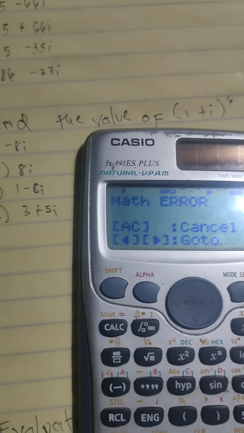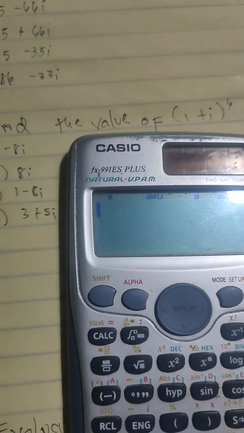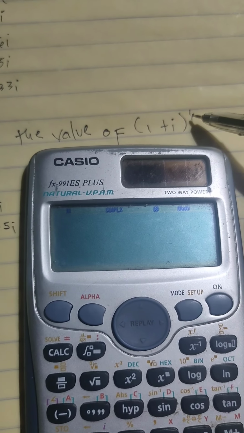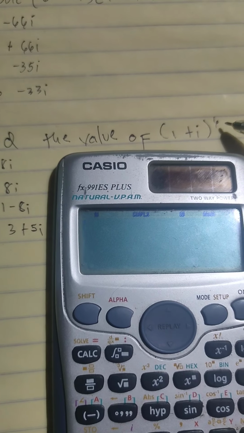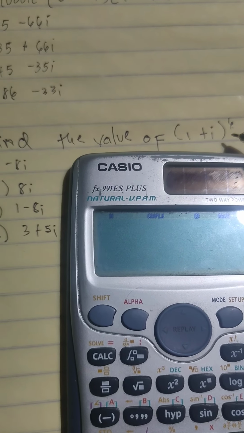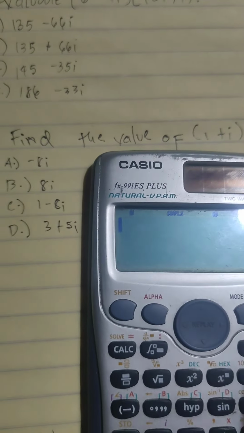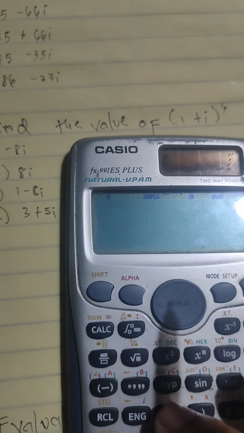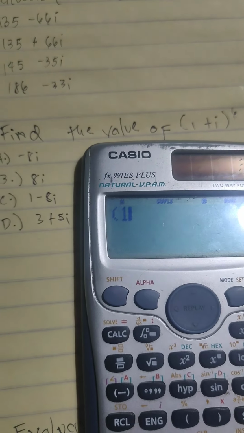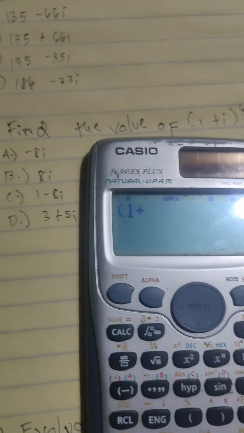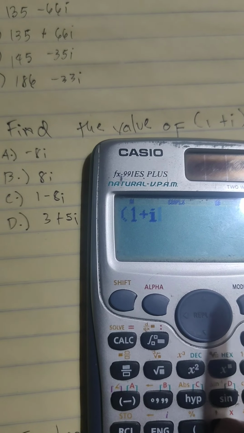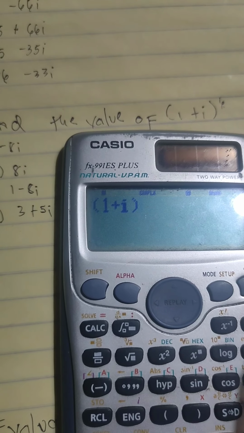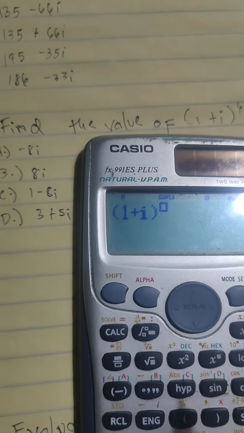It is a math error because the highest power that we can raise this kind of expression to is 3. So we'll break down this equation into 2. So it will become quantity of 1 plus Shift ENG, close parenthesis, to the power of 3.